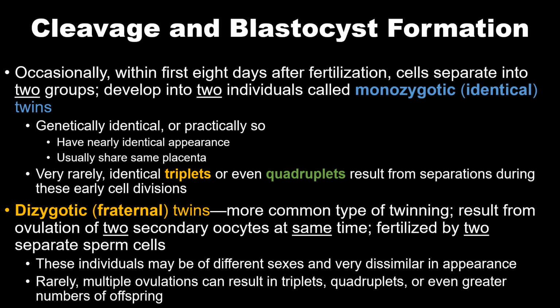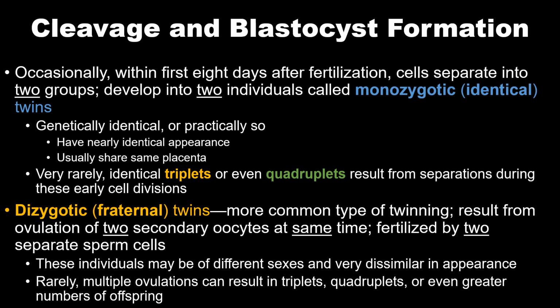They usually share the same placenta, and very rarely what can occur are identical triplets or even quadruplets. And this is all sort of, I don't want to say a failure, but that's what it is, a failure to normally separate during these early cell divisions.